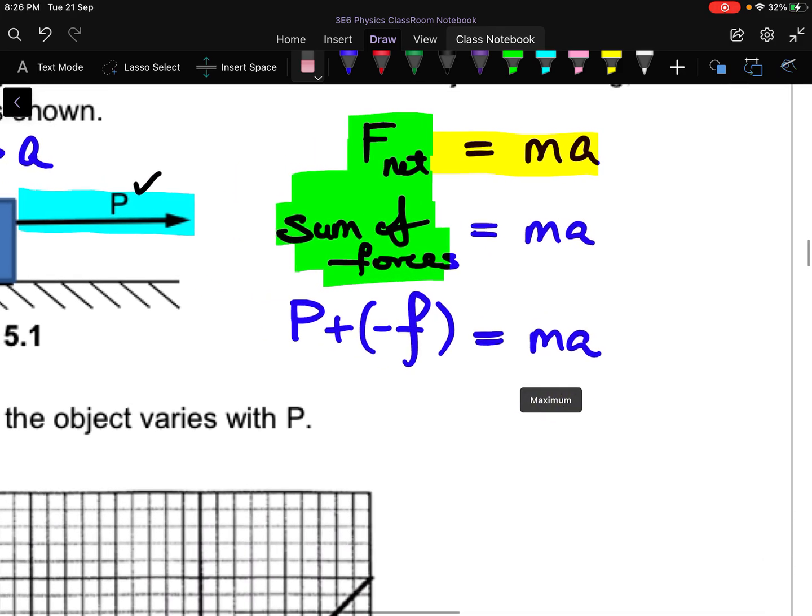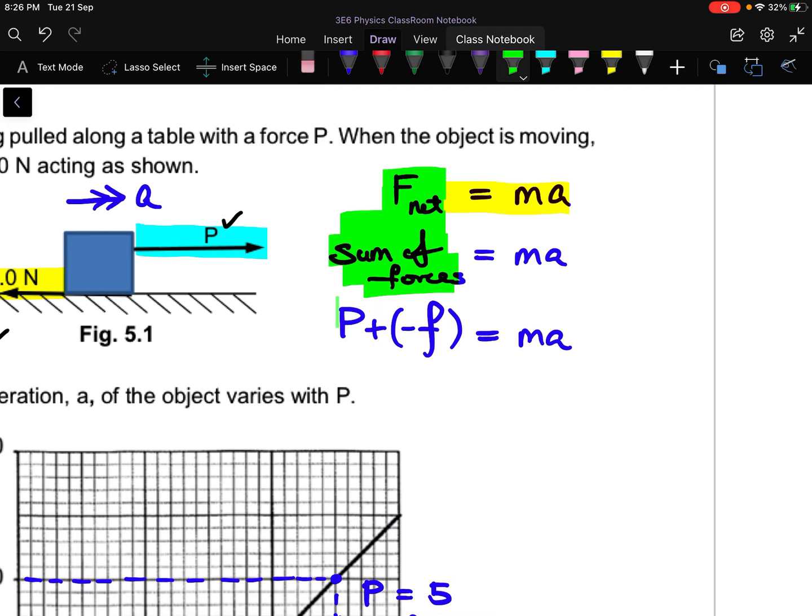Then you can write P minus F on this side. Now here you will have a question or dilemma. Should you use F minus P equals M times A, or should you be using what I have written over here, P minus F? How do I know which one to be the minus? Well, Newton's second law also says that if your F net is in this direction, your acceleration also must be in the same direction.